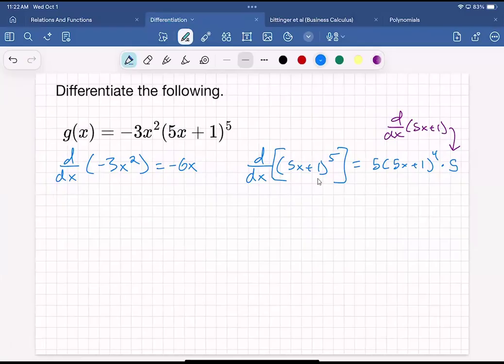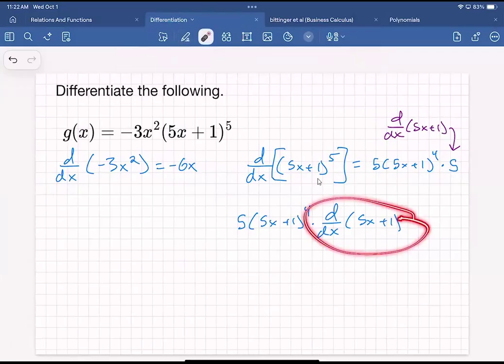So a more expanded way to write this would be 5 times 5x plus 1 to the 4th times the derivative of 5x plus 1. If you need to see that, make sure you write it that way so you can see, hey, I got the 5 because of the derivative of that. Does that help? Okay.